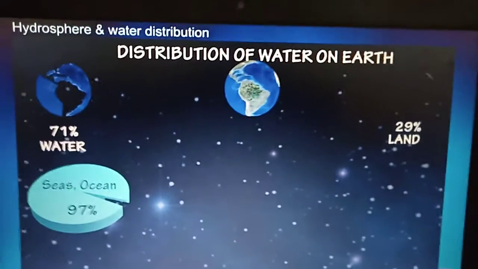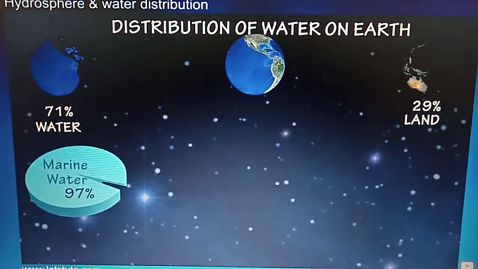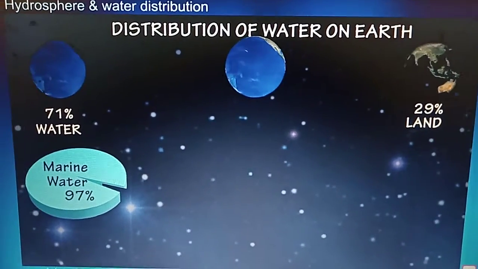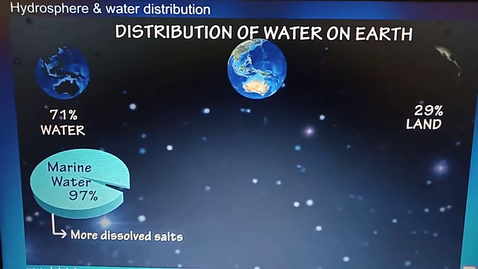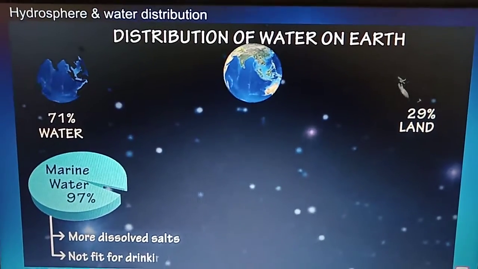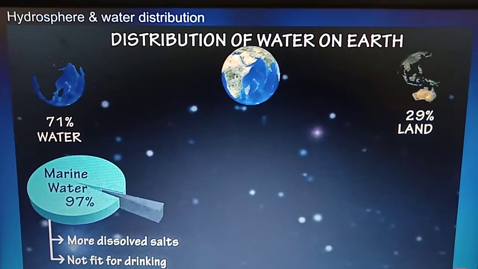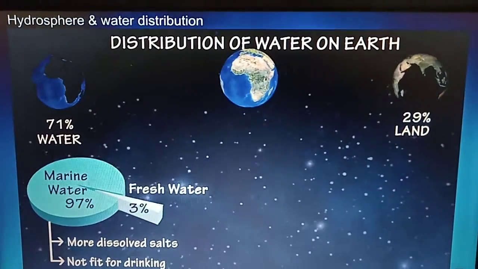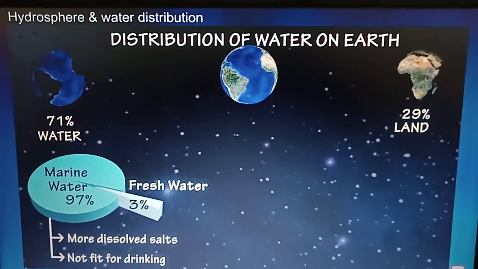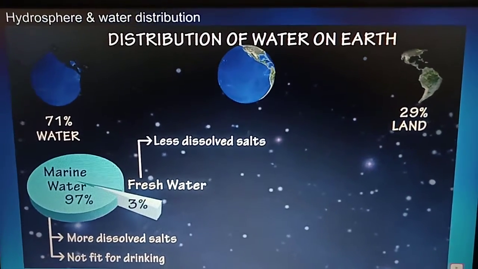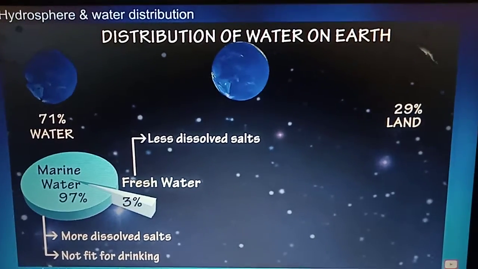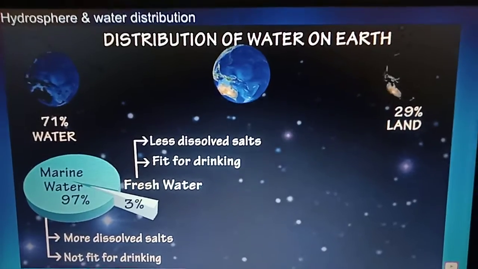And so we call this water marine water or saline water, as it has a large amount of dissolved salts, and so it's not fit for drinking. And the remaining 3% is fresh water. Here we call it fresh water because the dissolved salt content is very less, and that is the reason why it is fit for drinking.